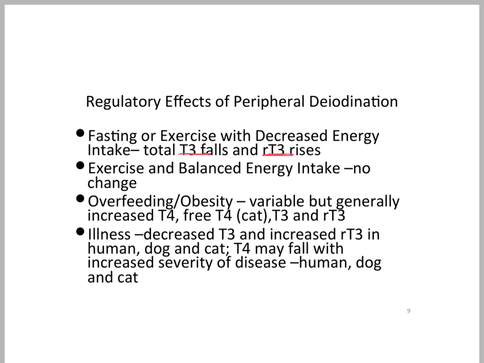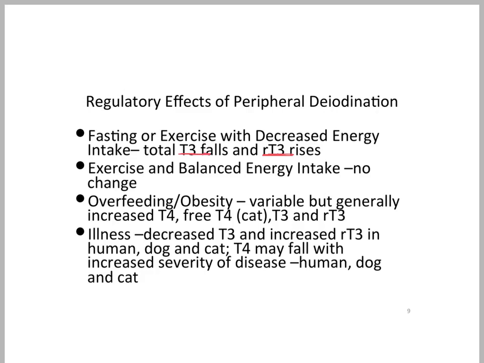On the other side, overfeeding or obesity, while the changes are variable, we sometimes can see increased free T4 in the cat. That's probably due to free fatty acids going up. But you also can see an increase in T3 and reverse T3. And there is some evidence to suggest there is a little bit of a moderate hyperthyroidism in this situation.